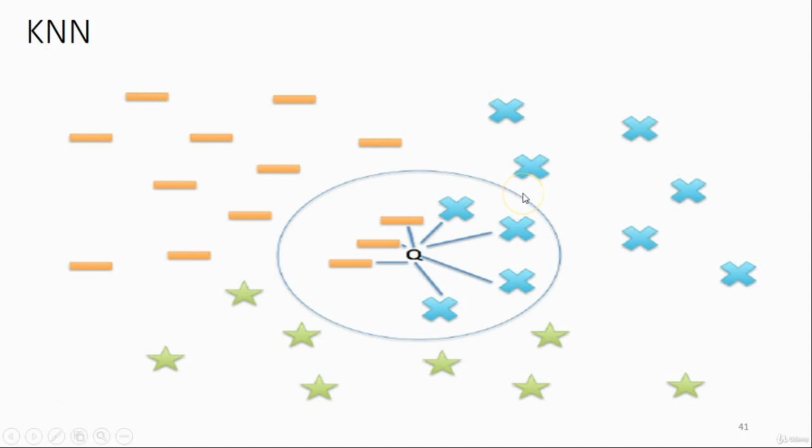Whenever you say I have, say, 5 nearest neighbors, it means you take any one point you want and then another 4 neighbors, because you yourself are a neighbor of yourself. So 1 plus 4 becomes 5. This is how KNN works. It gives you another 4 points which are near to that particular data point.